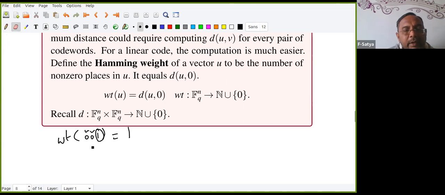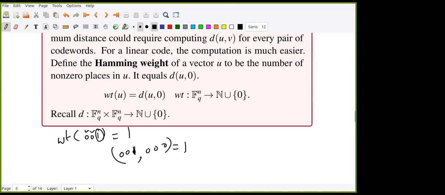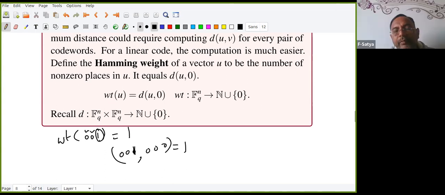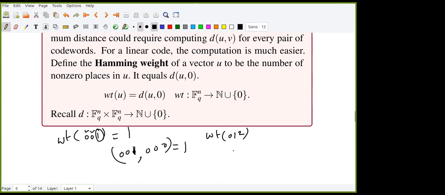What is the distance between 0, 0, 1 and 0, 0, 0? Also 1. That is the same thing, right? So weight is the number of non-zero elements. What is the weight of 0, 1, 2? It is 2.